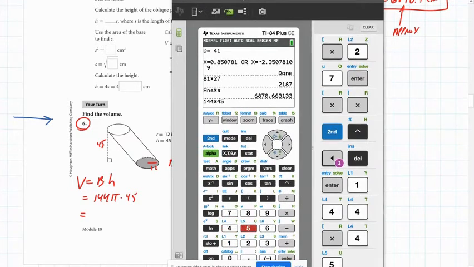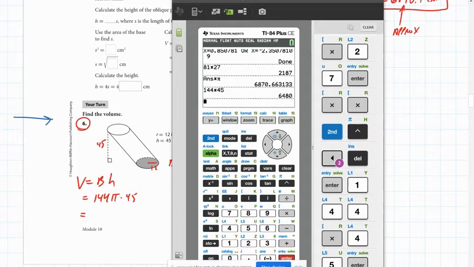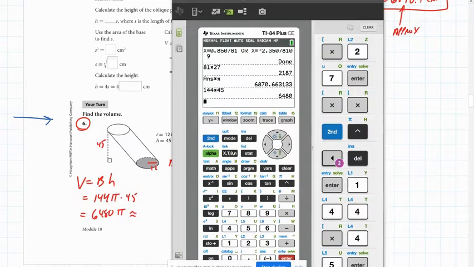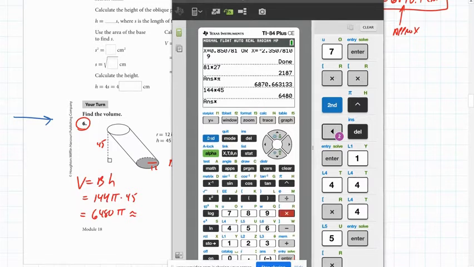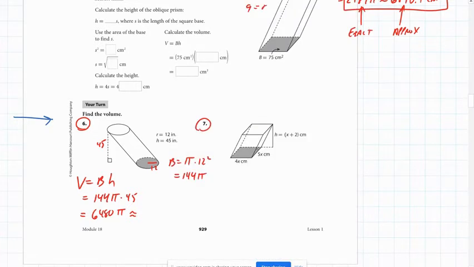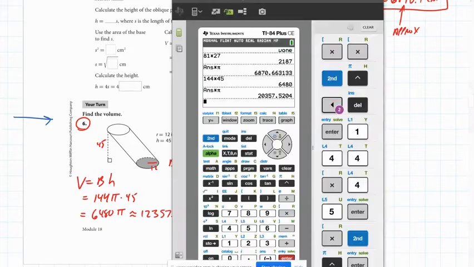Notice that I typed in everything except for the pi. That's going to give me my answer of 6,480 pi. And then we also want to approximate that. So we'll just say times pi, and we get 20,357.5. And that's in cubic inches.